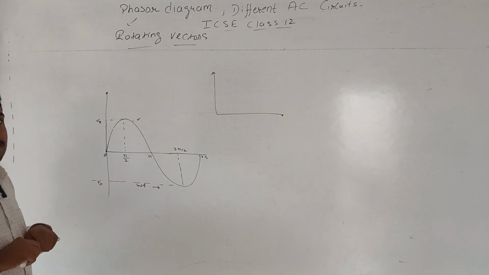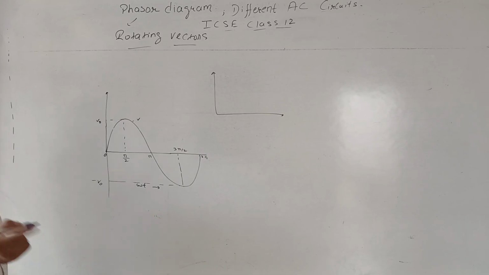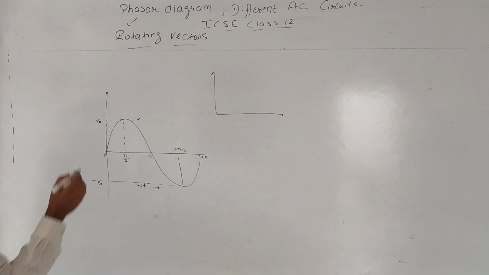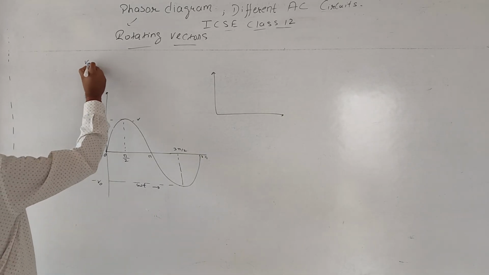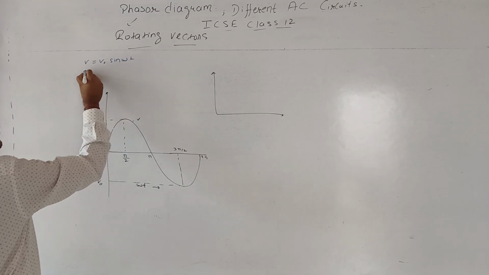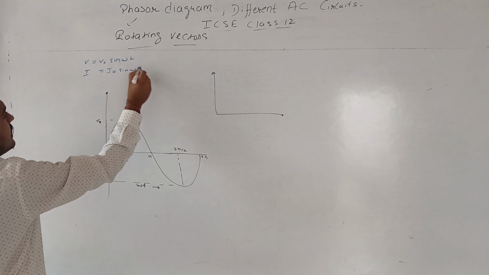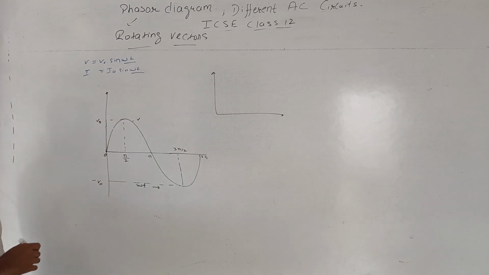Now because the potential is varying, similarly the current in the circuit is also varying. If the current and potential are both in the same phase, that is V is equal to V naught sin omega t, and I is equal to I naught sin omega t, the angle is the same, both are at the same angle, which means both are in the same phase.